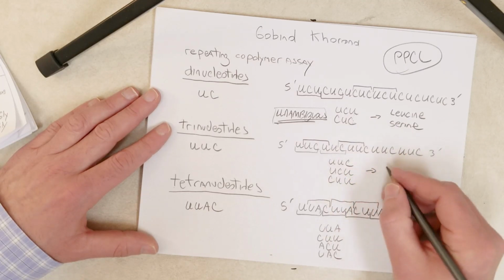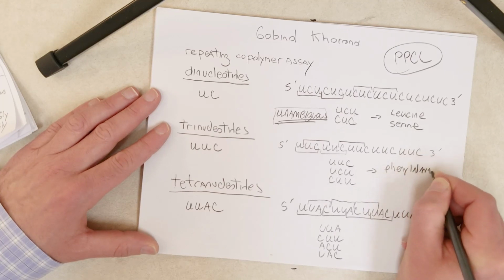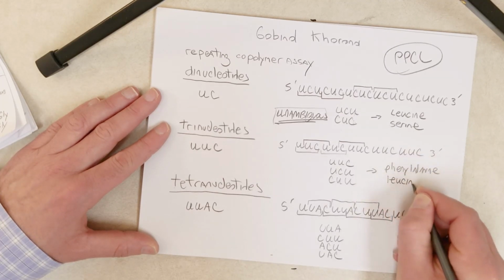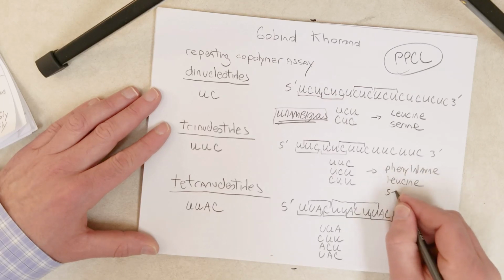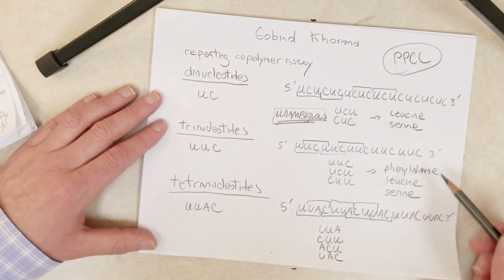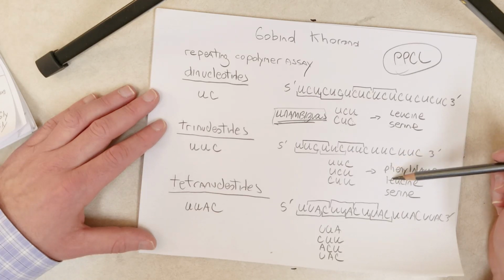So for these right here, he found phenylalanine was incorporated into a protein, leucine was incorporated into a protein, and serine was incorporated into a protein. Now, how did he know this, right? He used radioactive versions of phenylalanine and saw that phenylalanine was incorporated into a protein, leucine, and serine.